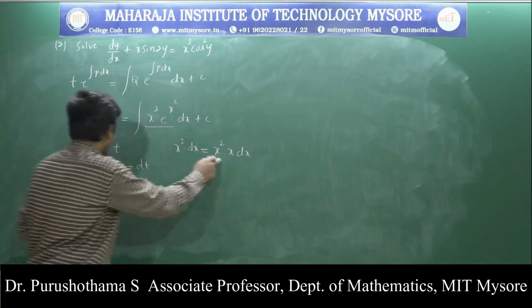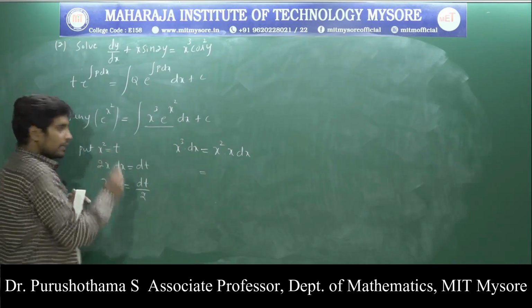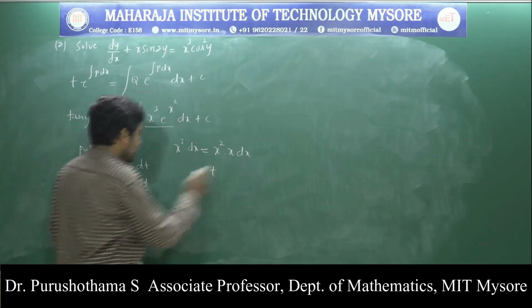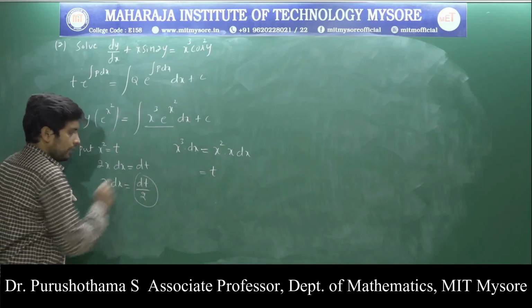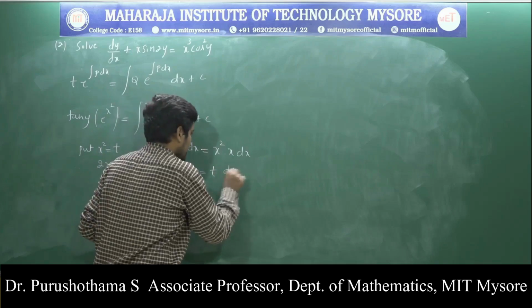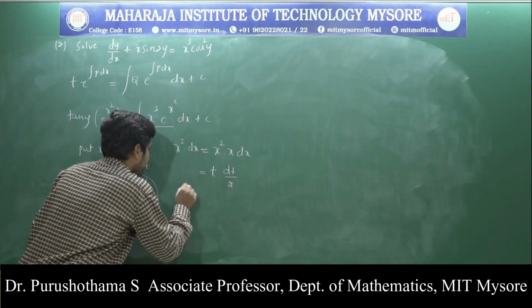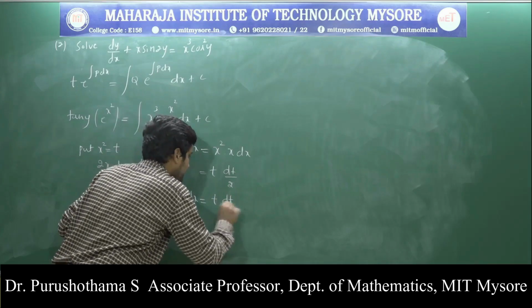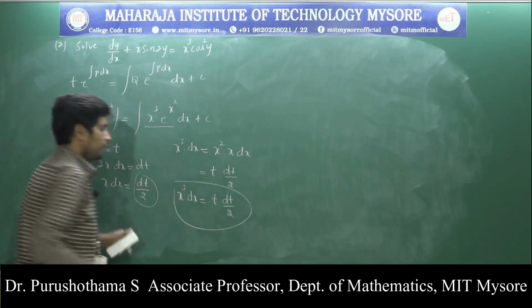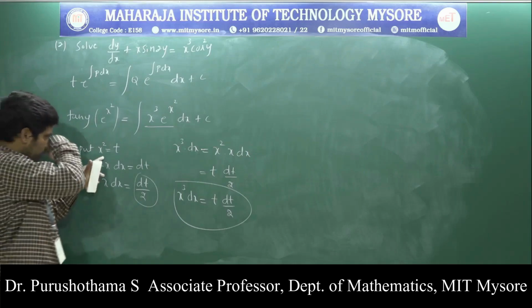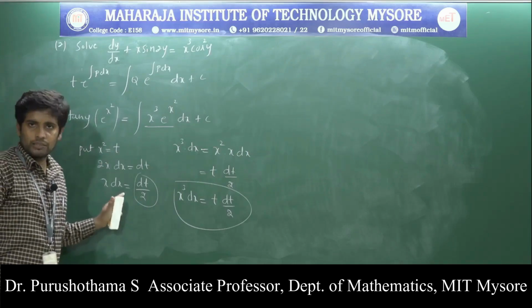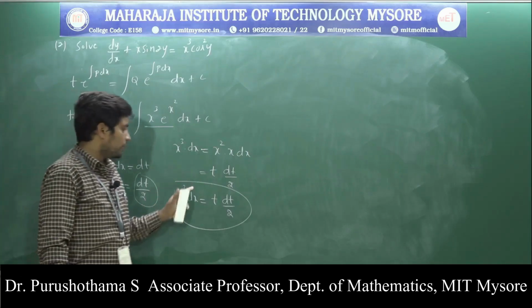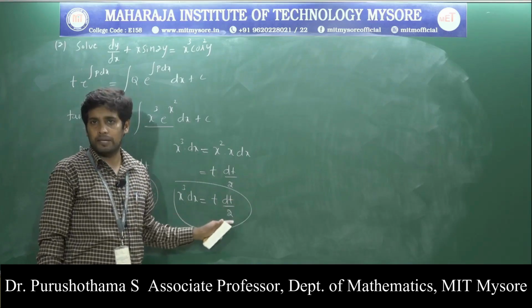We know that x square is equal to t, and x into dx is dt by 2. Finally, x cube into dx is equal to t into dt by 2. This is the x cube into dx value.